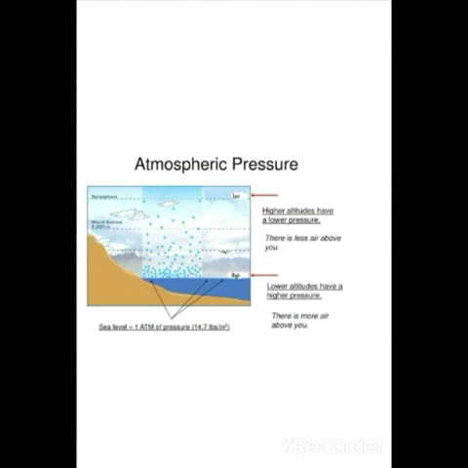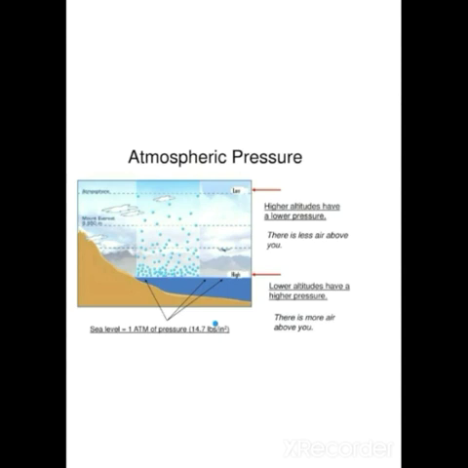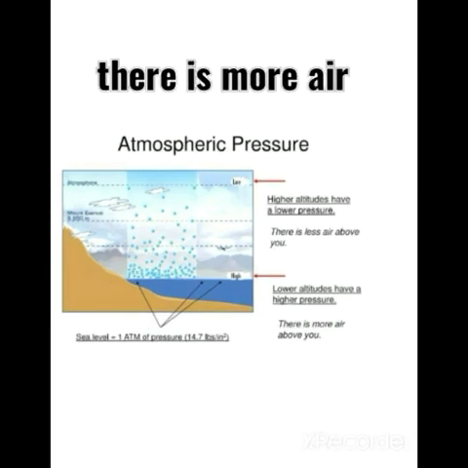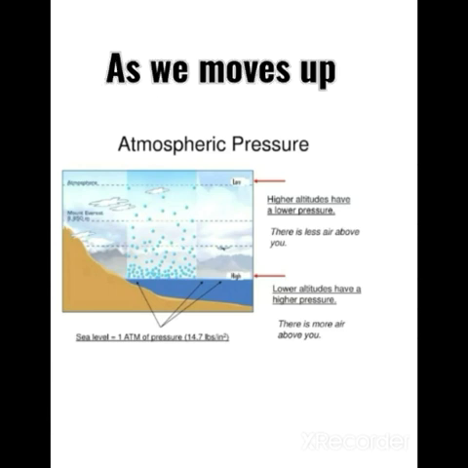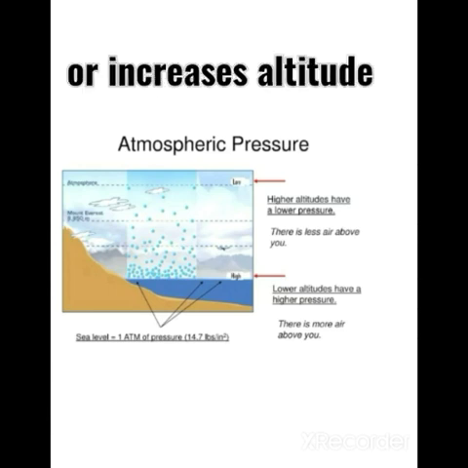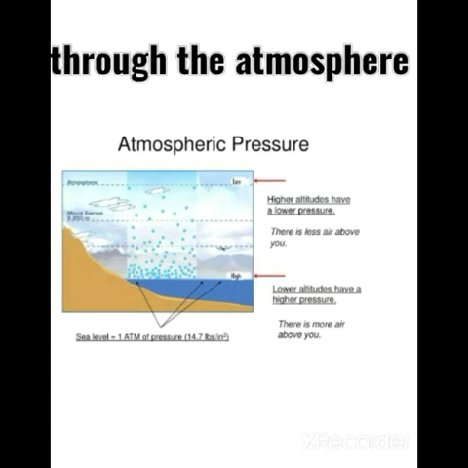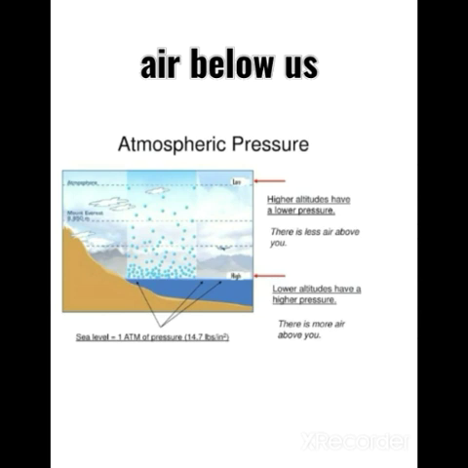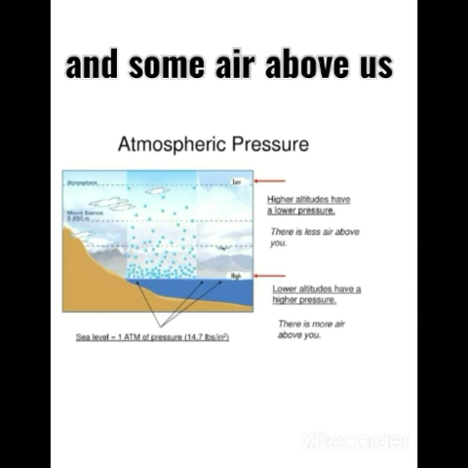Air pressure at sea level is 1013.25 millibars or 14.7 pounds per square inch. At sea level, there is more air, but as we move up or increase altitude through the atmosphere, there will be some air below us and some air above us.